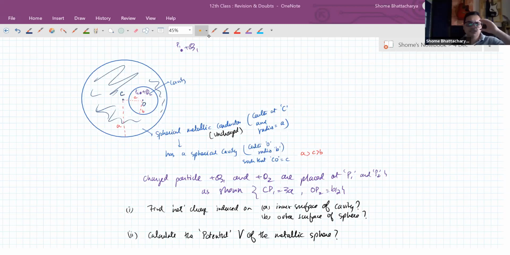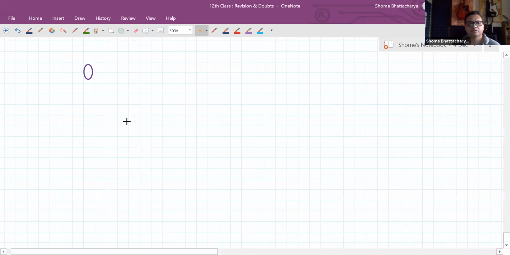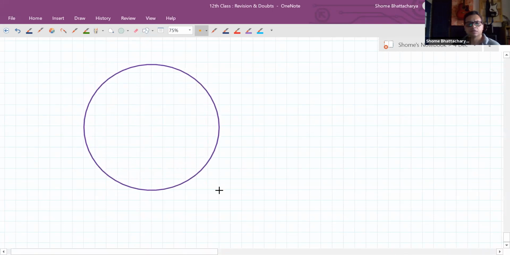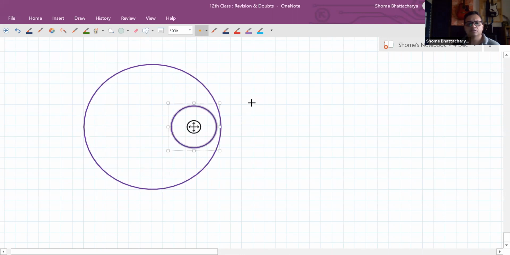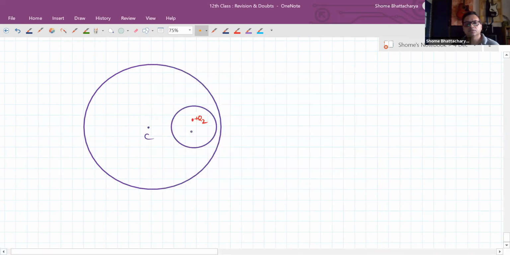Okay, so let's discuss the charge distribution and then the potentials. So what I'll do is from the beginning, we'll understand it. If we have a sphere with a cavity, and the cavity is asymmetrical, and we place a charged particle asymmetrically inside the cavity, we place charge plus Q2 over here, and obviously this is the center of the solid sphere, this was the center of the cavity, let's say, like this.